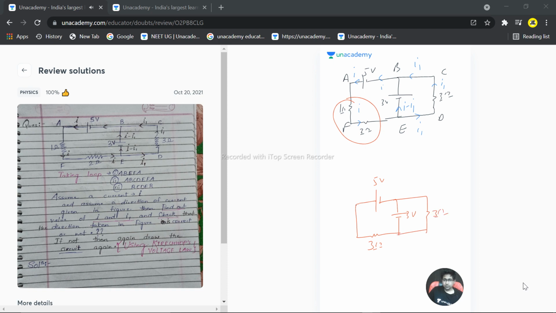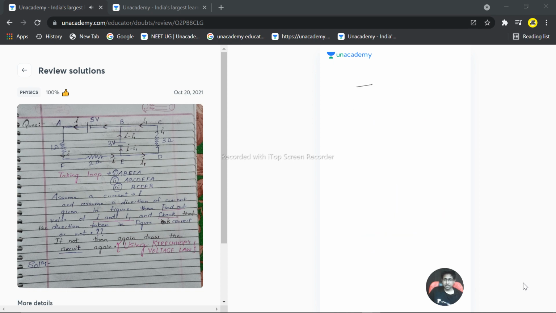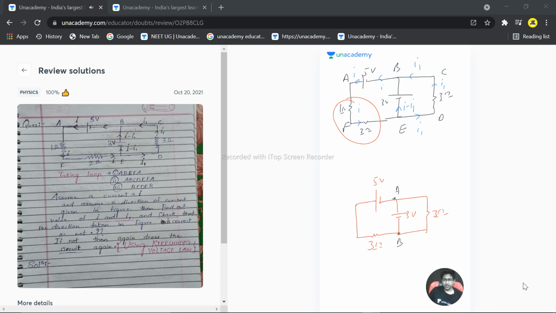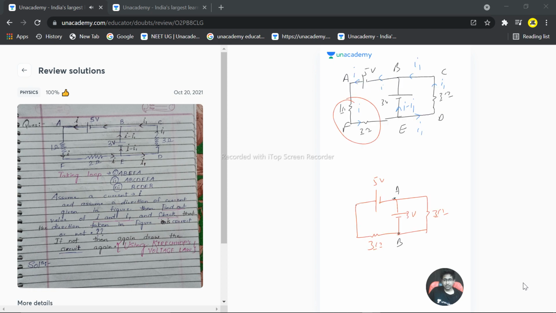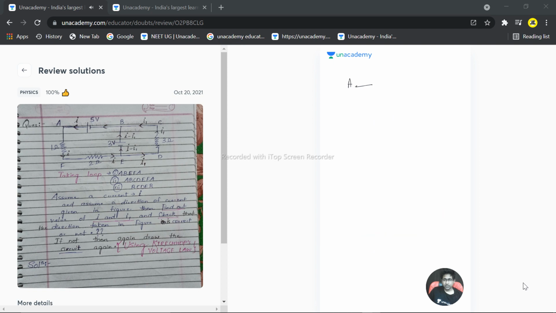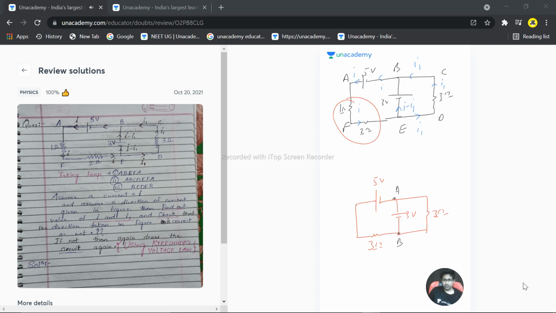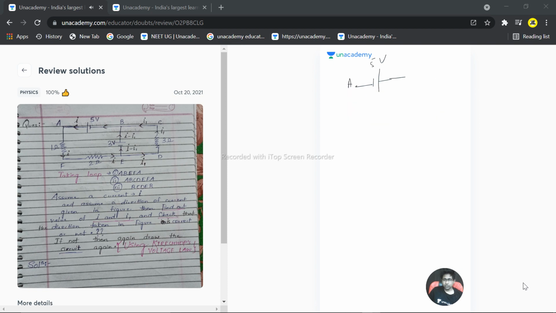I'm calling this point as suppose A, and this point as B. So A is connected to minus 5 volt, and further minus 5 volt is attached to a 3 ohm resistor.